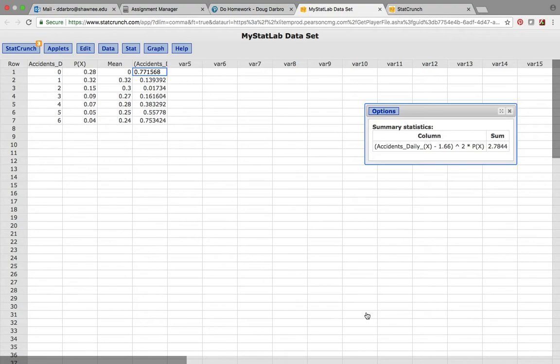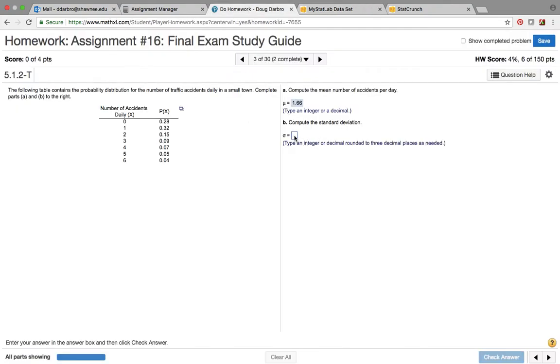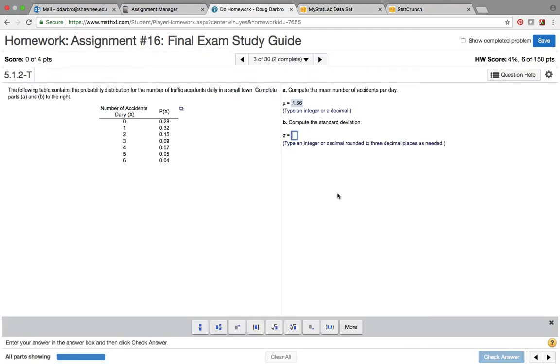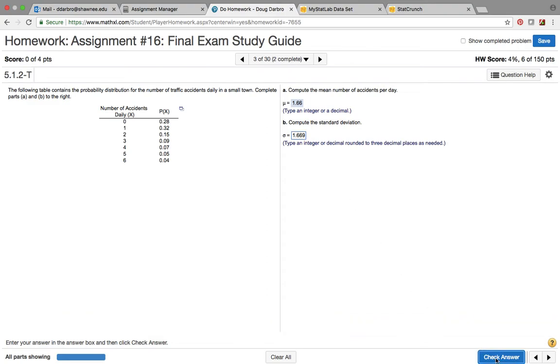So now I'm just going to grab my calculator and take the square root of 2.7844. And when you do that, you get 1.6686. So I'll go back, and it wants me to type to 3 decimal places. So I'm going to go 1.669.